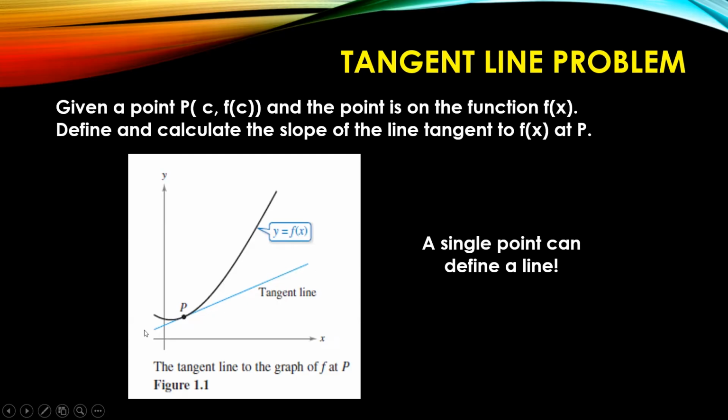This line is called a tangent line. So given a point P, P has coordinates c and f of c, so basically x and y, and the point is on the function f of x, then there exists a tangent line.